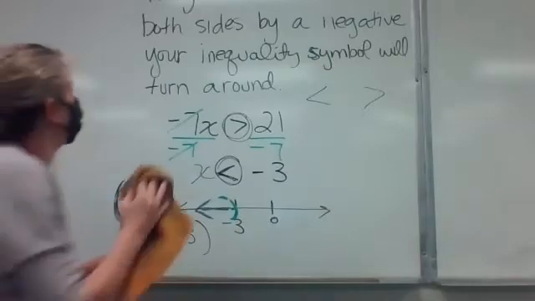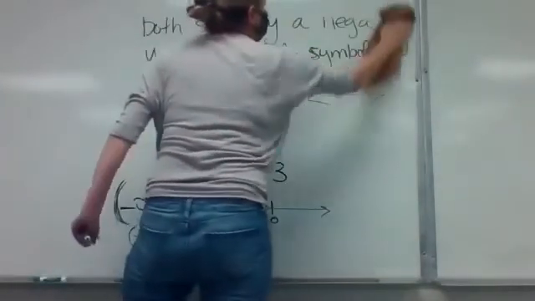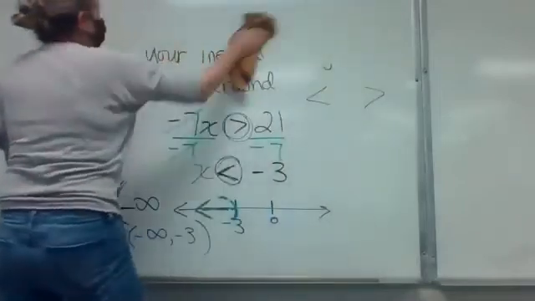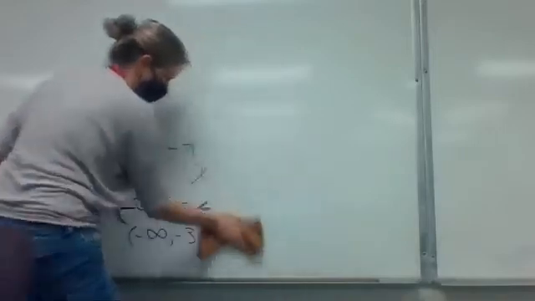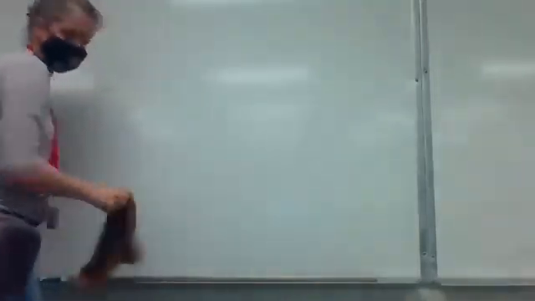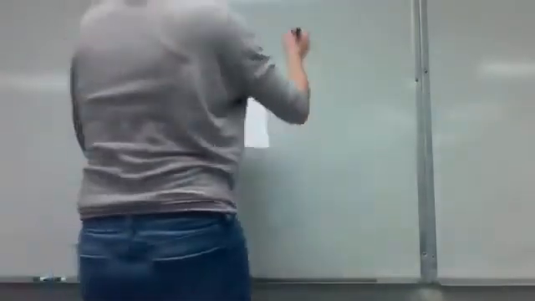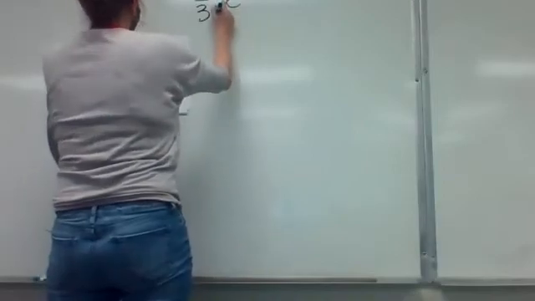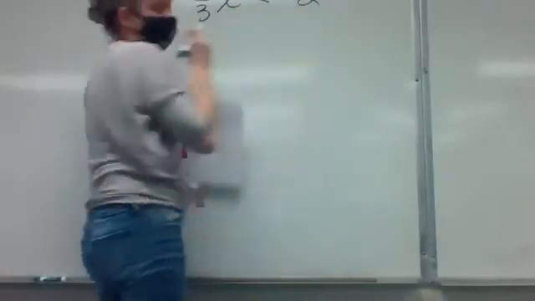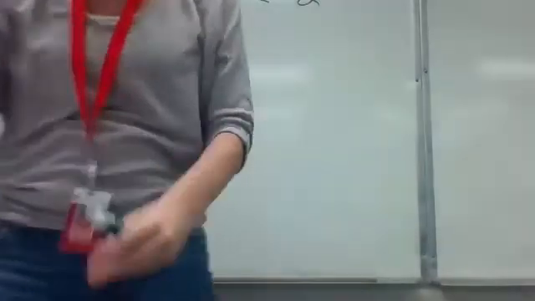Okay, now number 11. All right, negative 2/3 x is less than negative 2. Oops, hang on, I'll fix it.